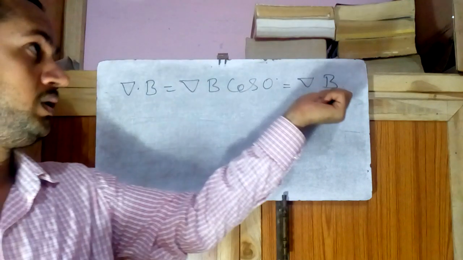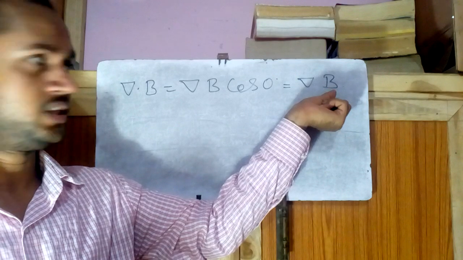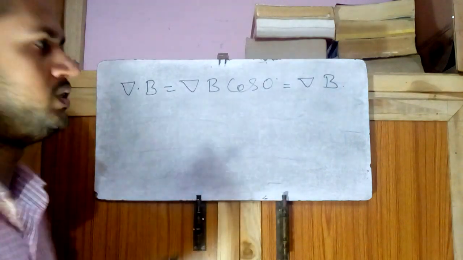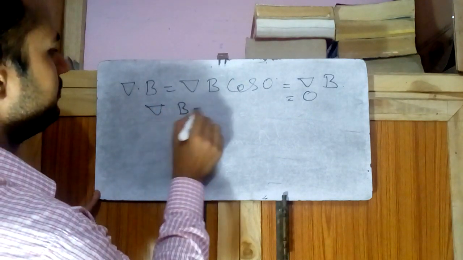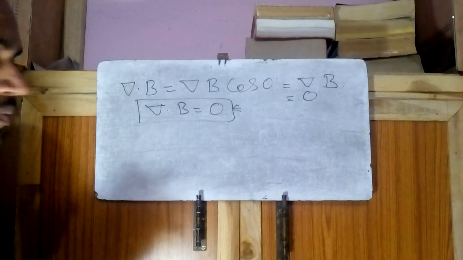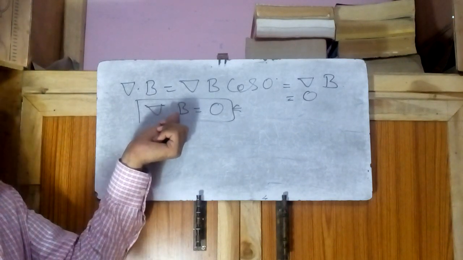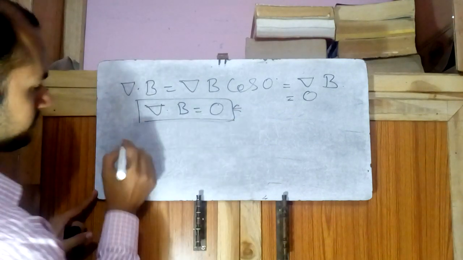But is it possible? No. The magnetic field is constant in its own direction, meaning there is no change. No change means del B is 0. Del dot B is 0 always, because the dot is generally applicable on the density vector.